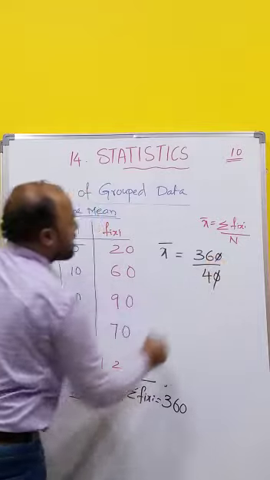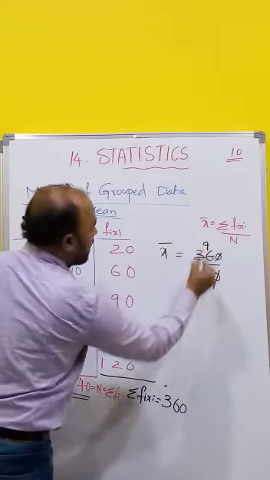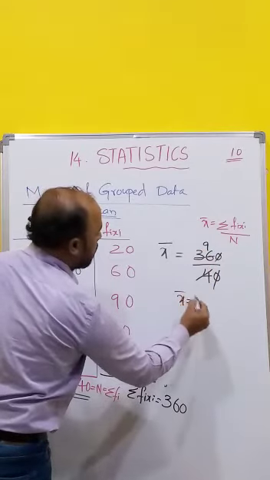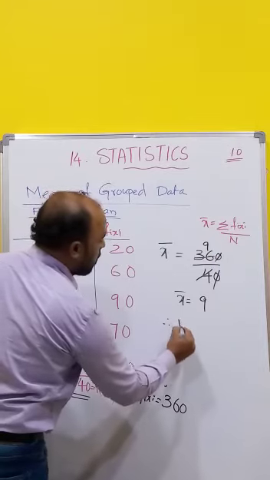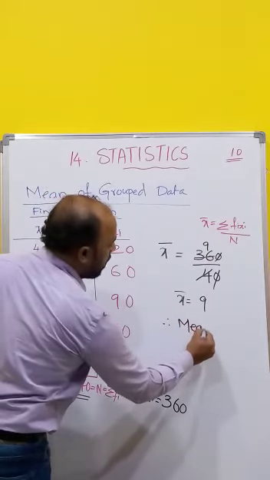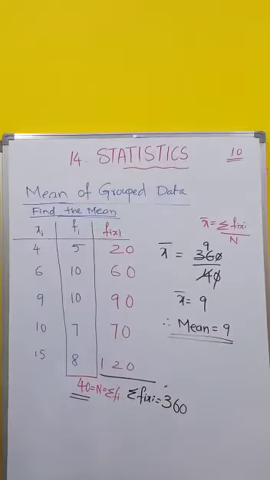The zeros cancel, and 4 9s are 36. Then x bar is equal to 9. Therefore, the mean of the given data is 9.